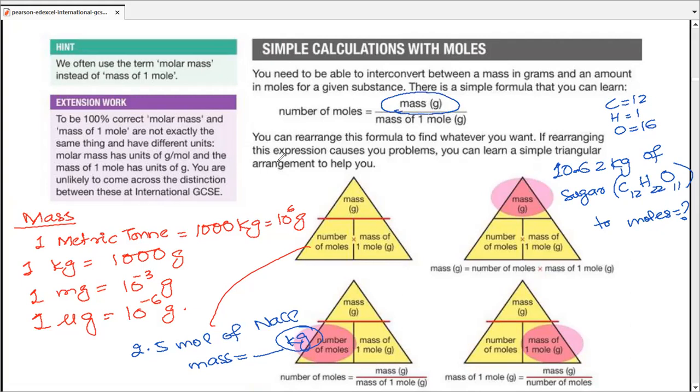So no matter which unit you come across in the exams, in the questions, you're supposed to convert that into the standard unit, which is grams. Remember, ton, kilogram, milligram are not the standard units. The standard unit in the case of mass, in case of this mole chapter, is grams.